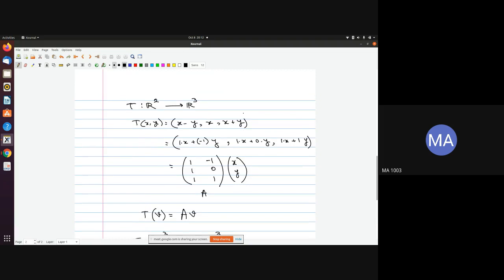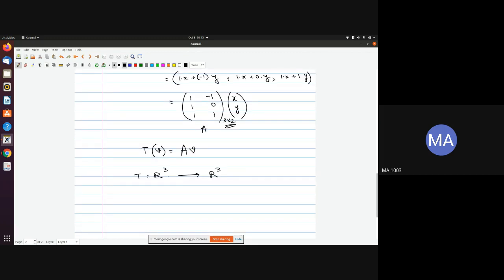Observe that it is from R2 to R3, and the order of the matrix is 3 cross 2, right? So this is 3 and this is 2. So there is some relation with the dimension of the vector spaces.